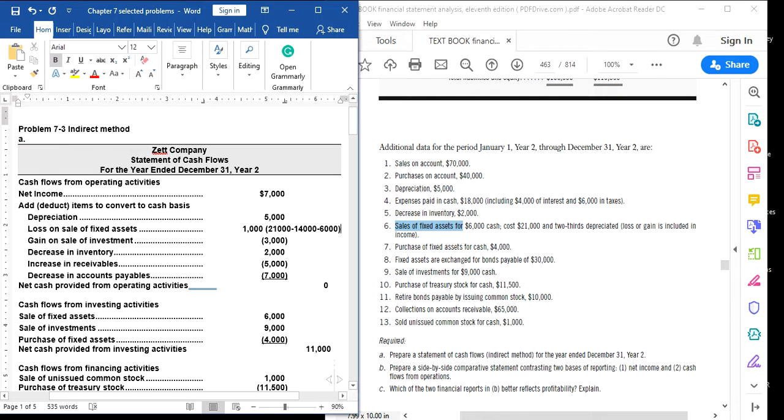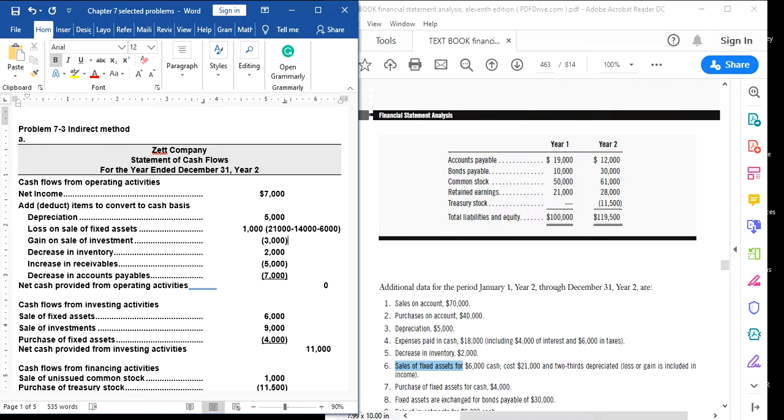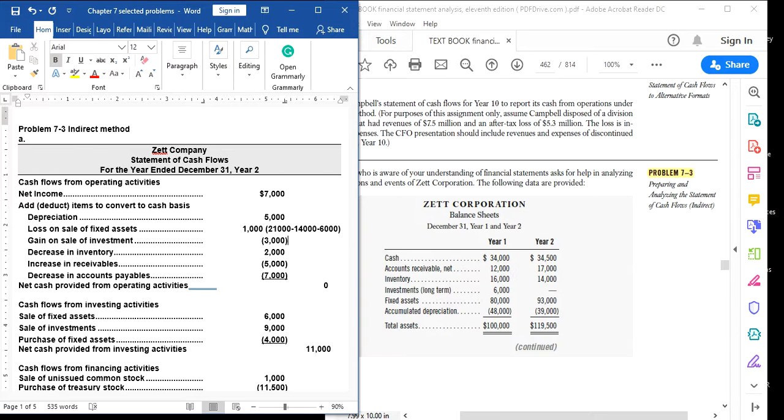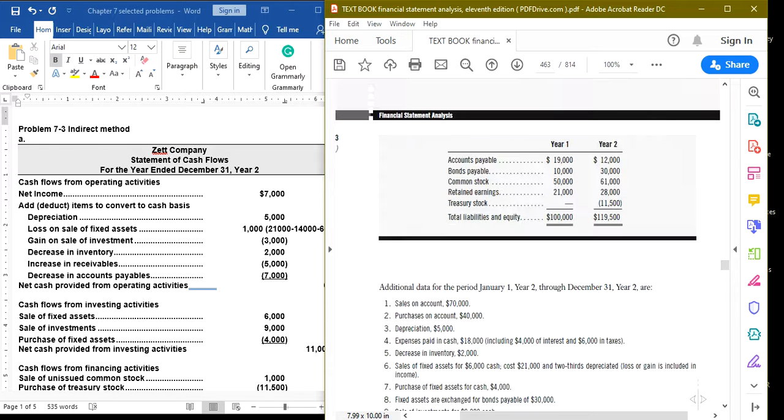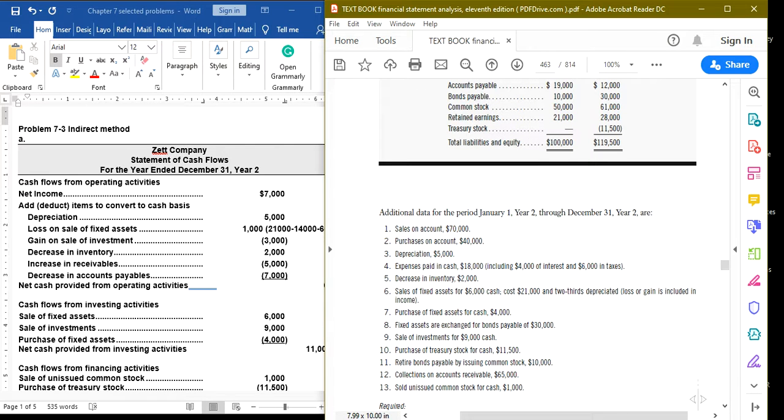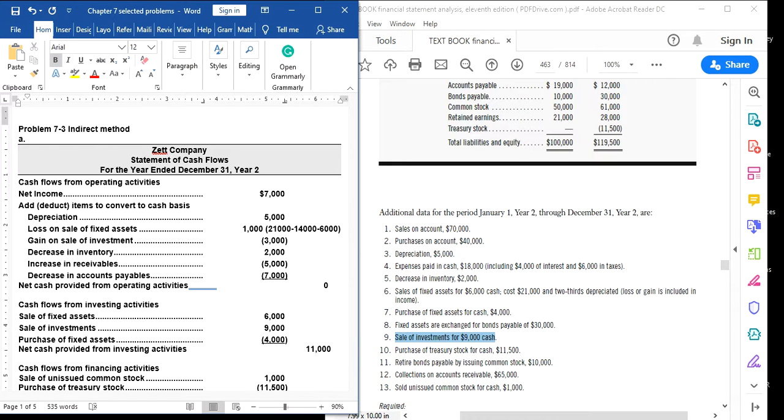Now, gains on sales of investment. So how do we obtain this over here? The investment is here. Okay. But in year 2, it's here, sales of investment. Now, how do we obtain that?